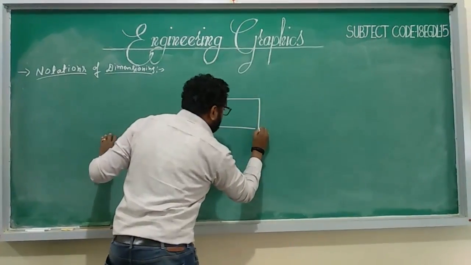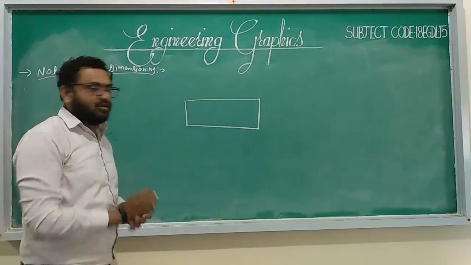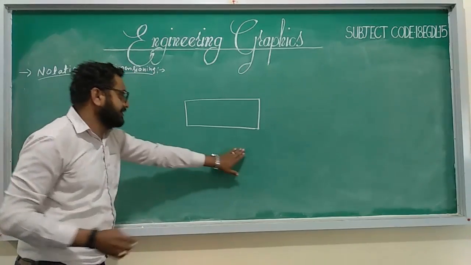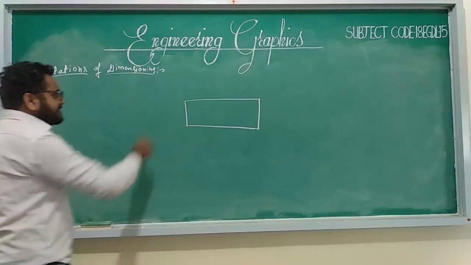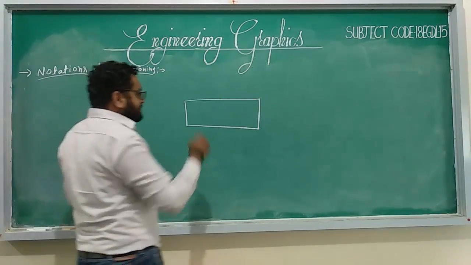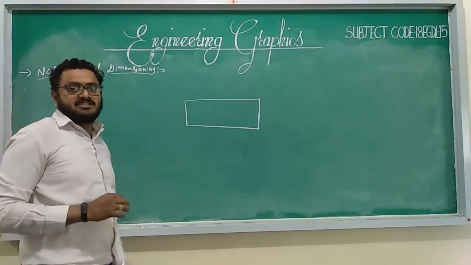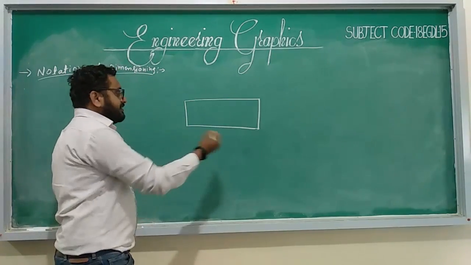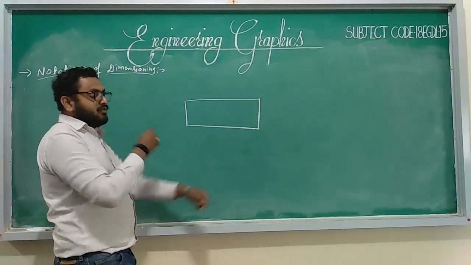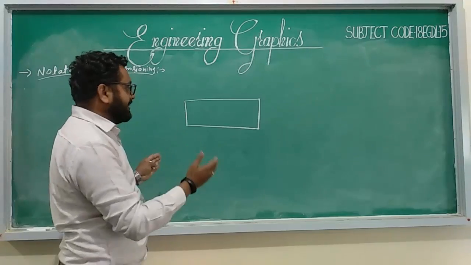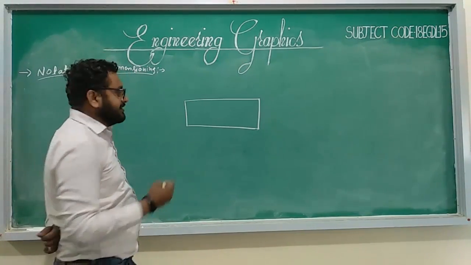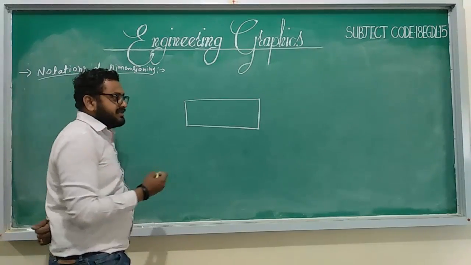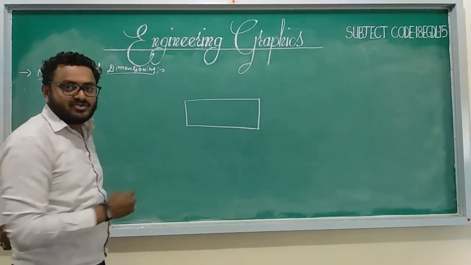If you want to dimension any object or any drawing, we need to follow the rules here. First, after drawing the sketch, it should be a visible line. And first we will draw the extension line. The extension line means the line which will show the distance between the two ends. So there we need to draw these extension lines. That extension line should always be perpendicular to the line for which we want to show the dimension.